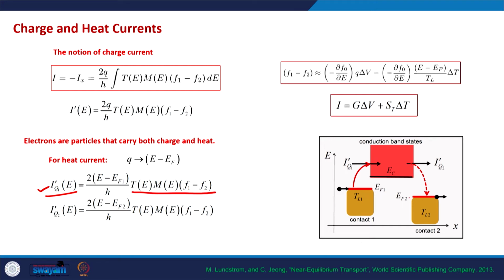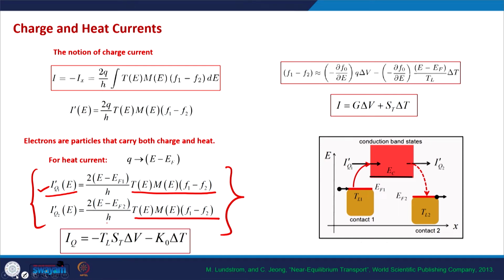Similarly, heat current from semiconductor to contact 2 is 2 over h times (E minus EF2) times TE ME times (F1 minus F2). So this is the way we analyze heat current in any device when the term F1 minus F2 is non-zero.